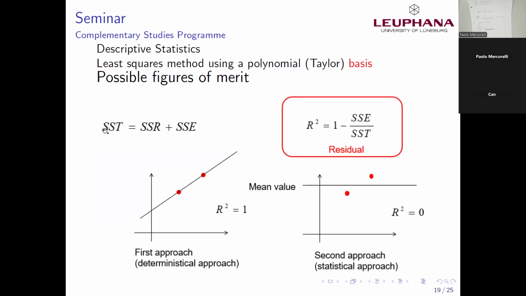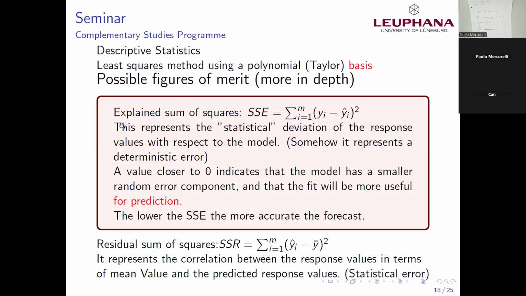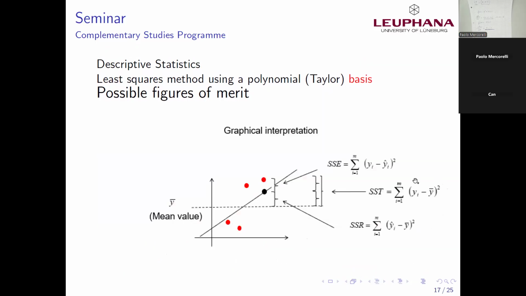Here, SST is defined as the variance of my measurements. No? You remember here. SST is the variance multiplied by minus 1. The variance is something, I would like to say, stochastic, no? Something statistical. It is a parameter which we associate to Gaussian, any distribution, but it's variance in that sense.